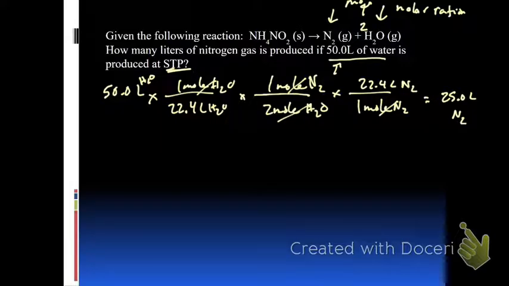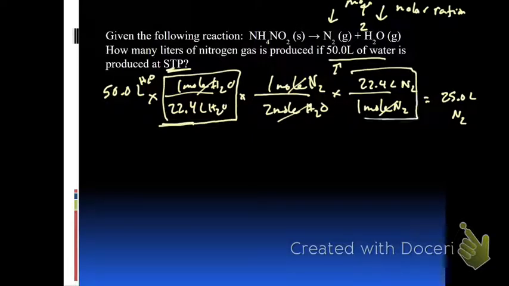There's a little shortcut here, and you don't have to use this, but at STP, if we were going from liter to liter, take a look here and here. Do you notice you multiply by 22.4, but you also divide by 22.4? And so the shortcut is this. At STP, this only works at STP. This ratio of 1, 1, 2 is also a volume ratio, meaning it's also a ratio of liters.